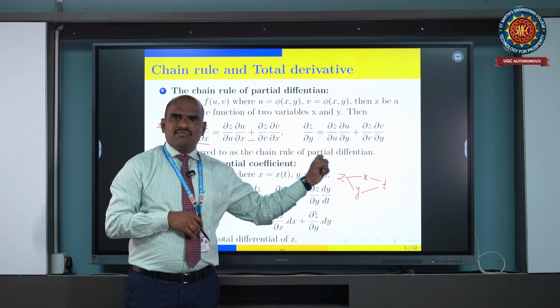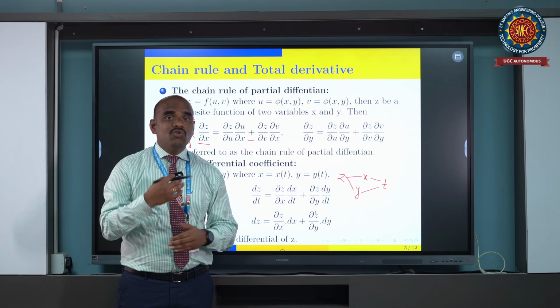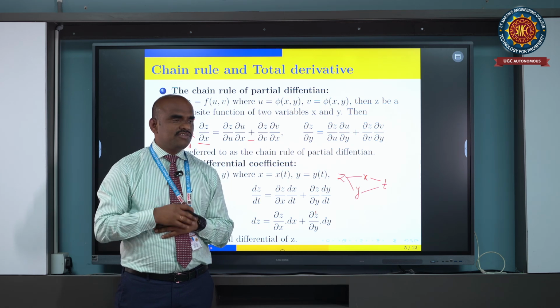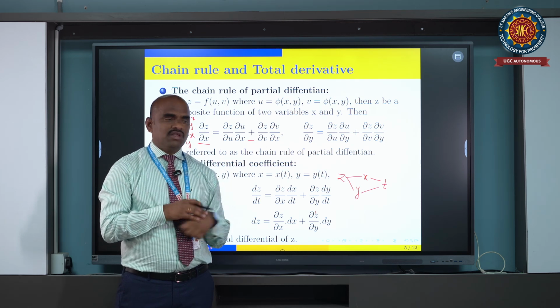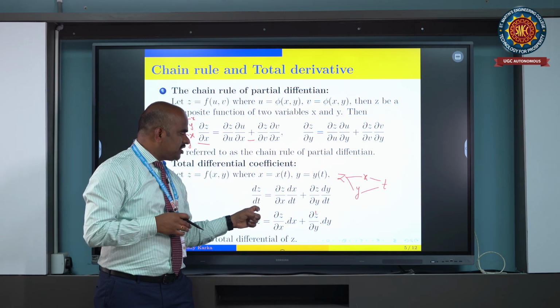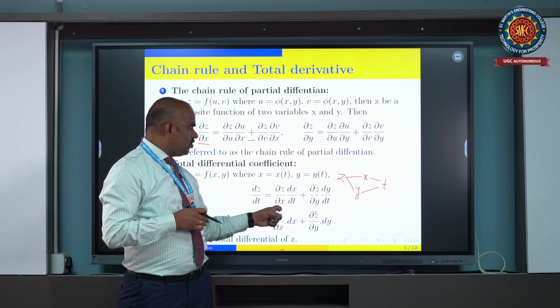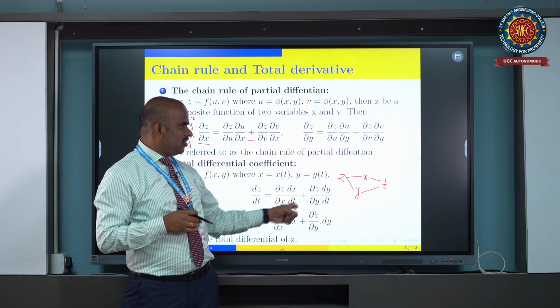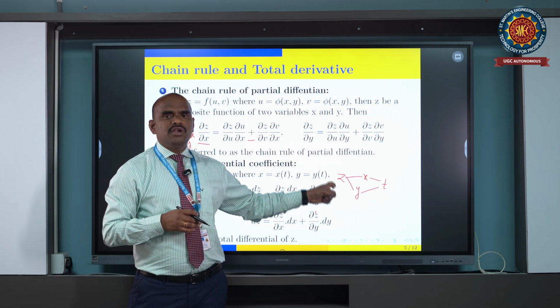In the case of functions of several variables, that is more than one variable, partial differentiation will come, which we represent by dou. So dz by dt is equal to dou z by dou x into dx by dt plus dou z by dou y into dy by dt.